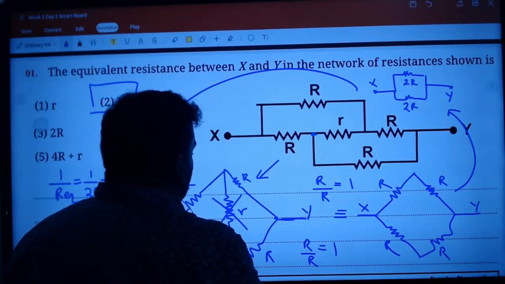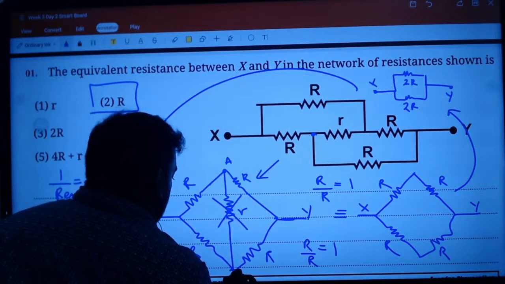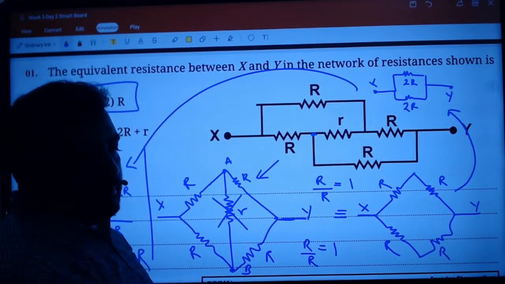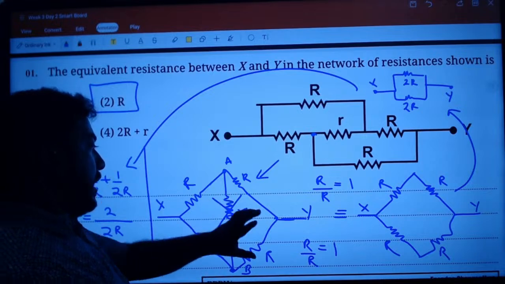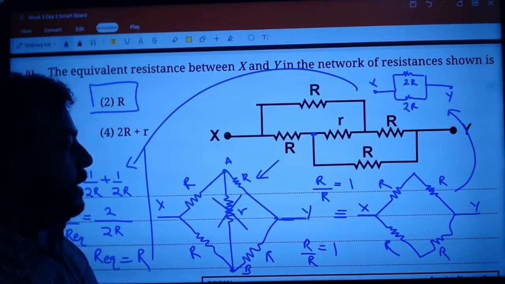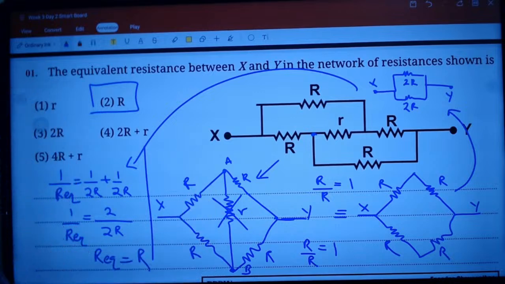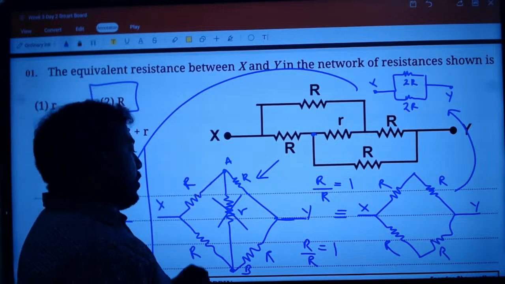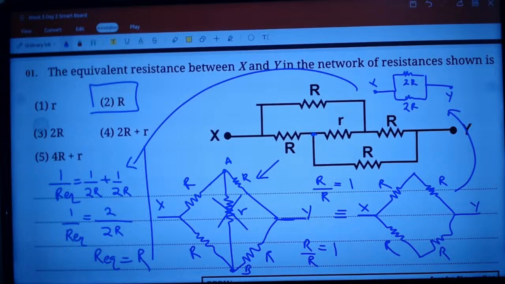So the center resistor connecting terminals A and B can be removed because the potential at A and the potential at B are equal.